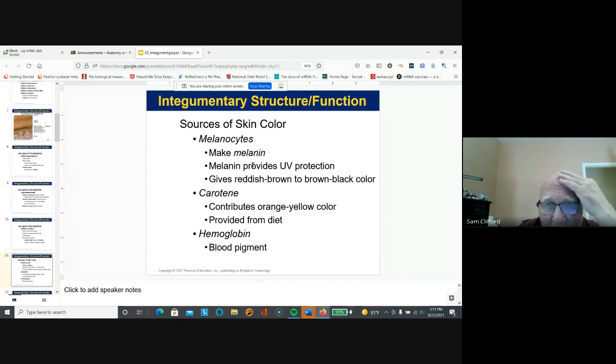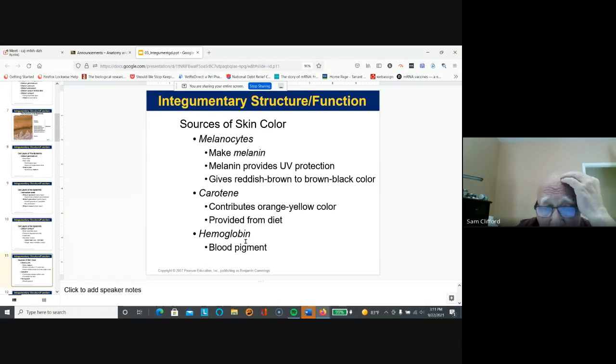Melanocytes make melanin, which is a dark pigment. It provides UV protection and gives skin reddish brown to brown black color. Keratin is another pigment that, with melanin, can determine your skin color, which again is just a variation from human to human.